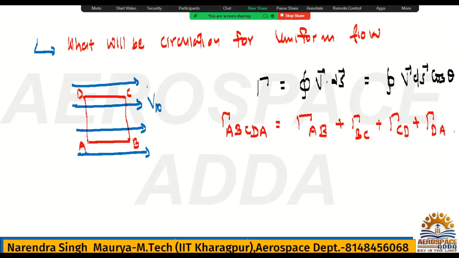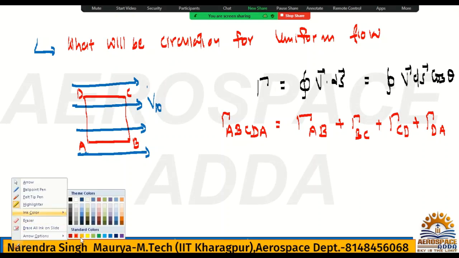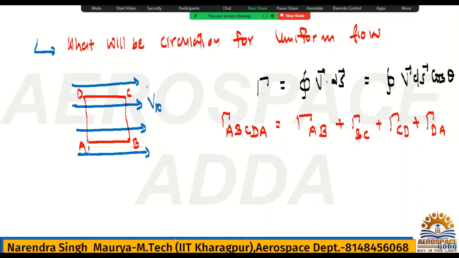Now, for the fluid element you have taken, this side has length A and this side has length B. If you check A to B, the velocity component is V infinity.